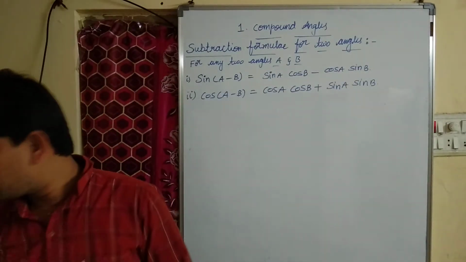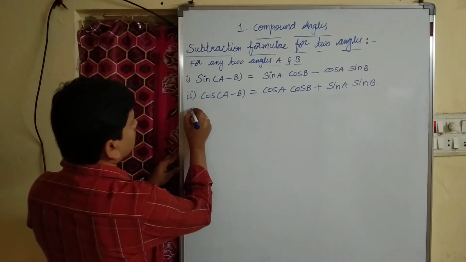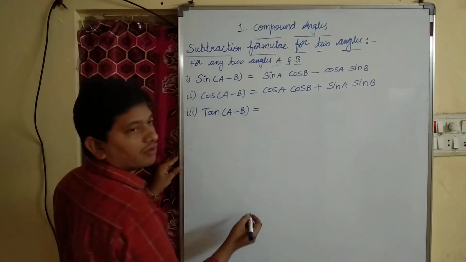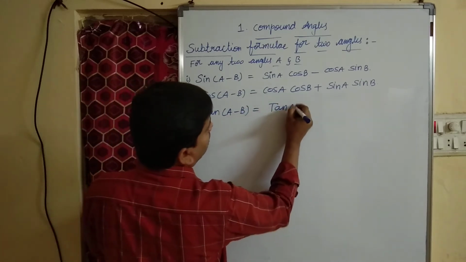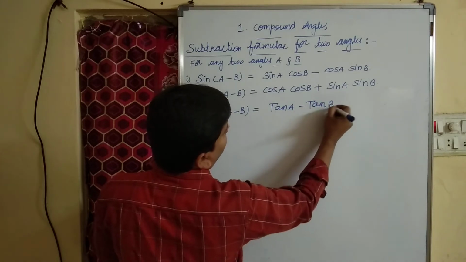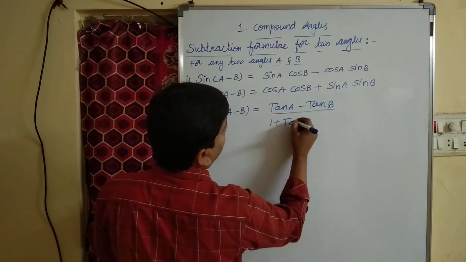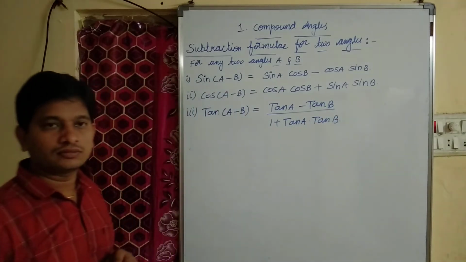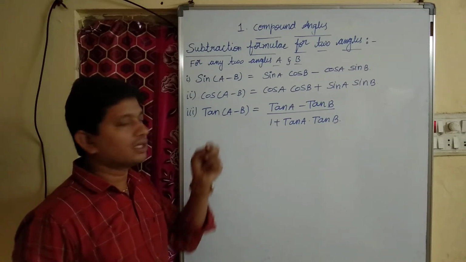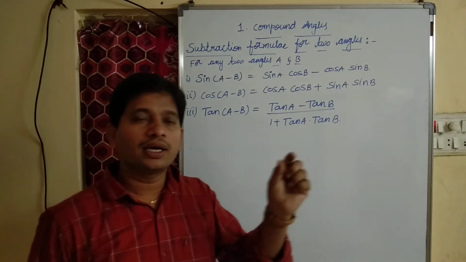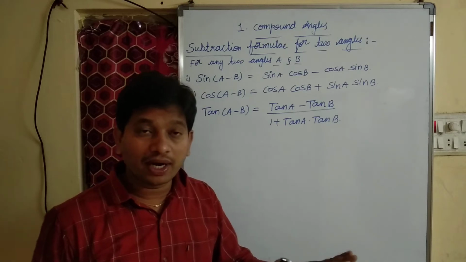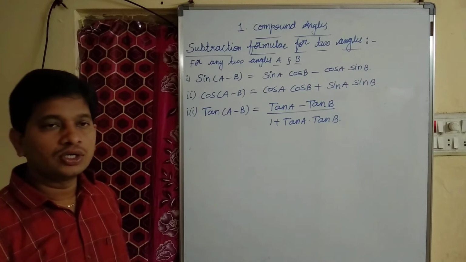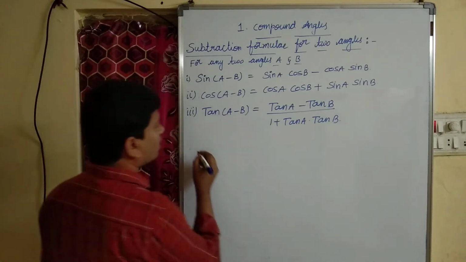Tan(A minus B) equals tan A minus tan B by 1 plus tan A into tan B, right? Tan(A minus B) is equal to tan A minus tan B divided by 1 plus tan A into tan B. Okay?